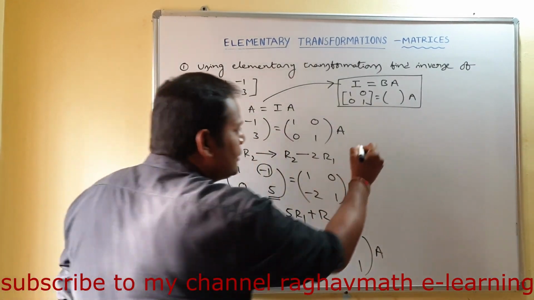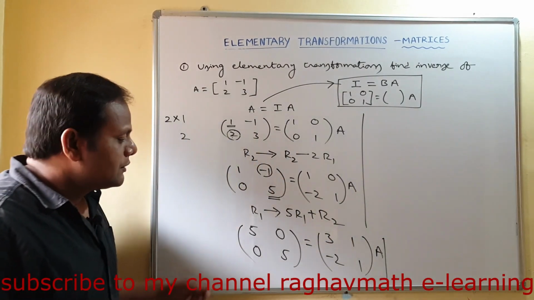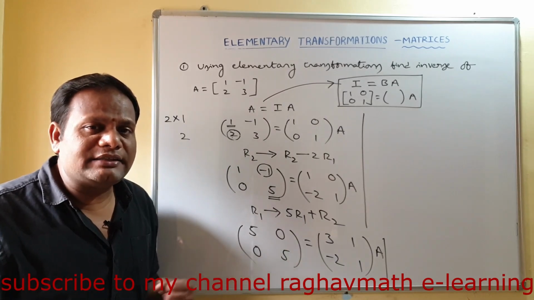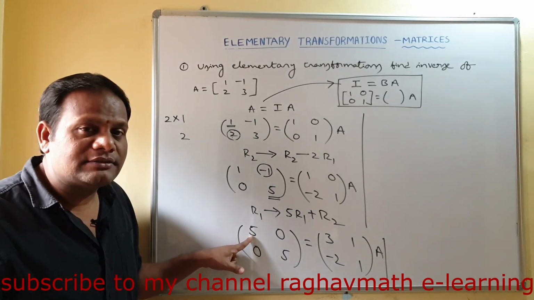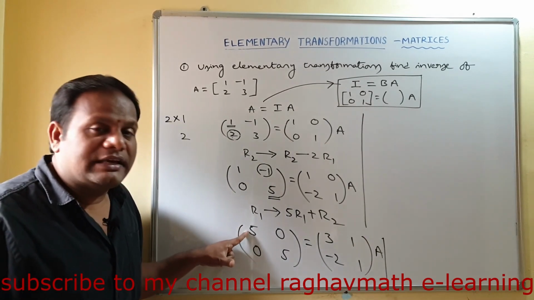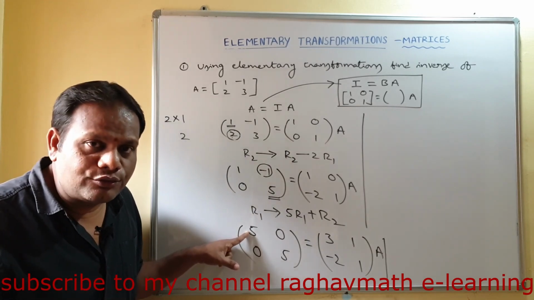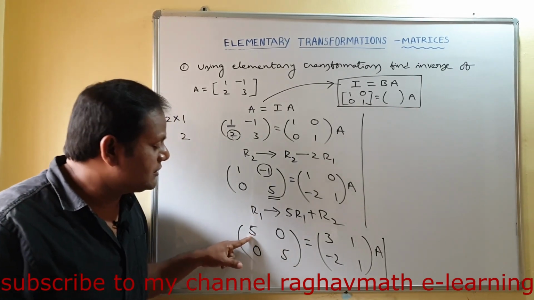Anyhow, the two major steps are over. Here we want the identity matrix. So in the identity matrix, in this place, 1 will be there, so here we want 1. What do we have to do? Divide this with 5.